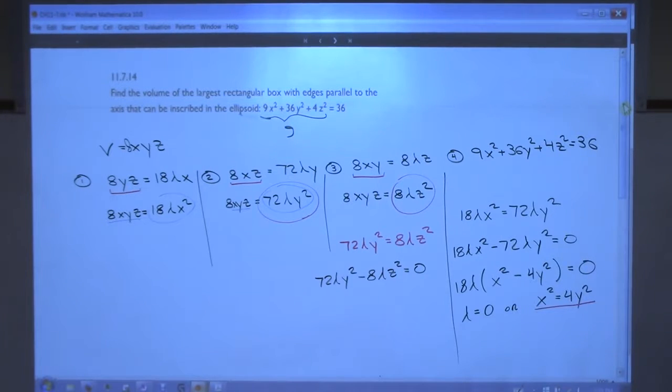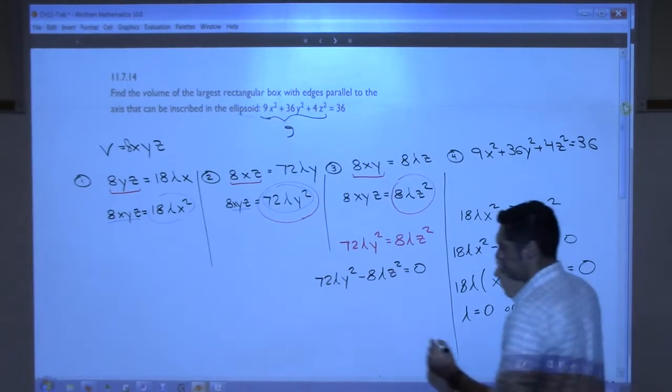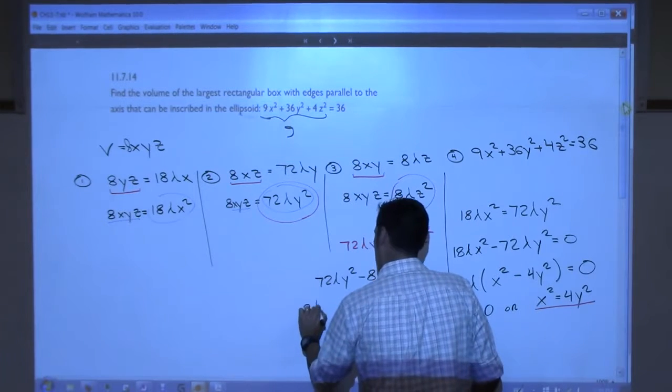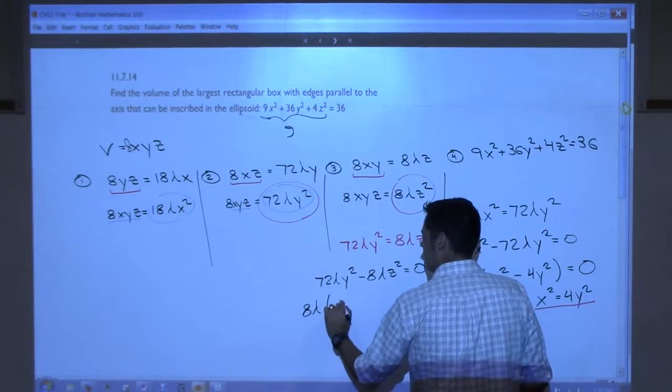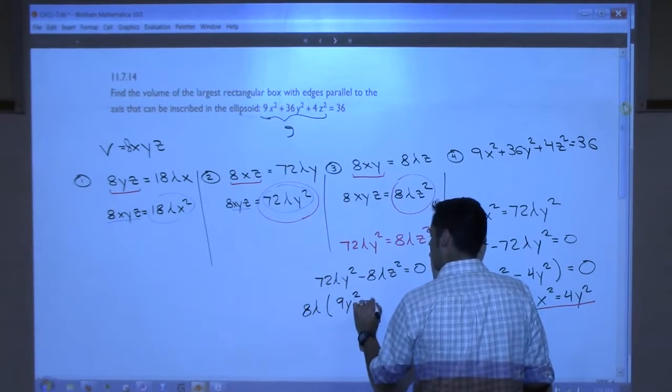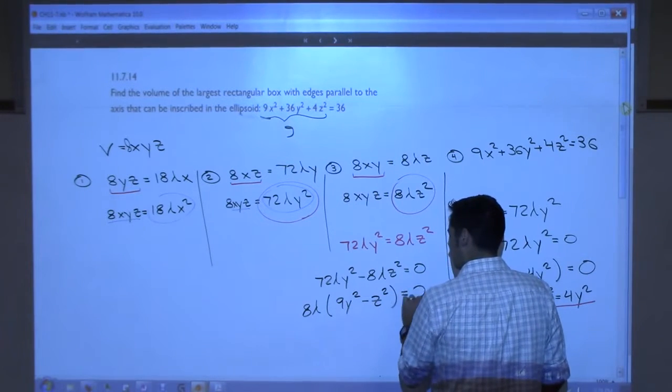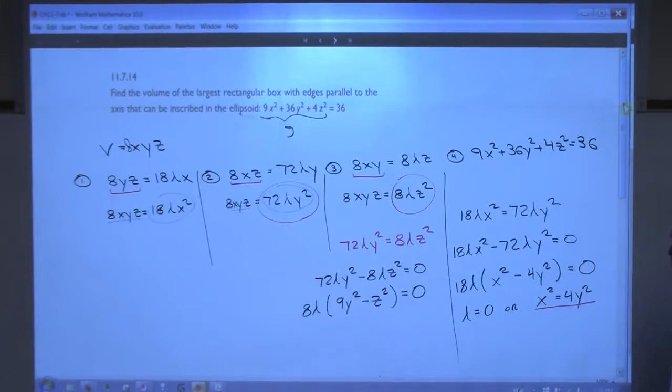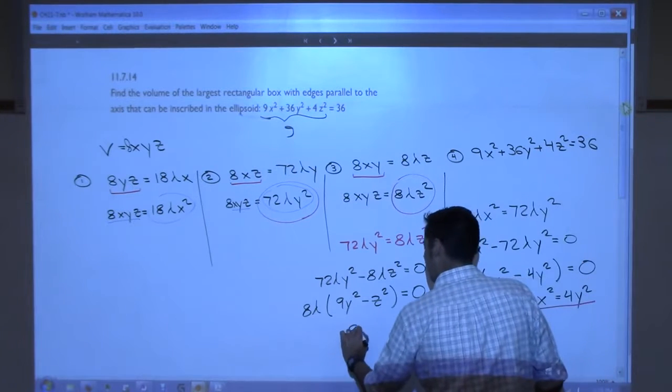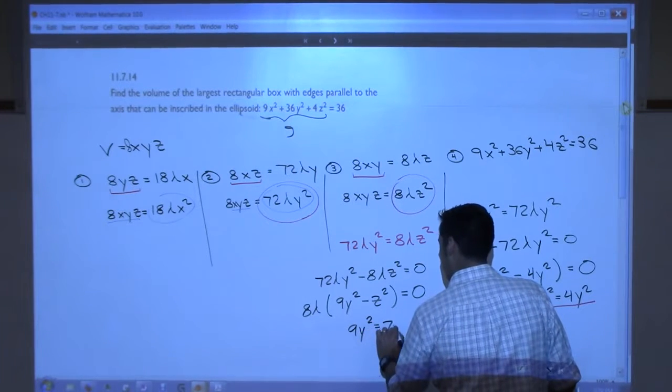Factor out a GCF, which would be 8 lambda. And you're left with 9y squared minus z squared, which would mean what two things for you? Lambda is 0 or 9y squared equals z squared, right?